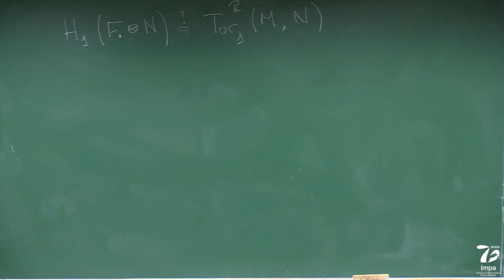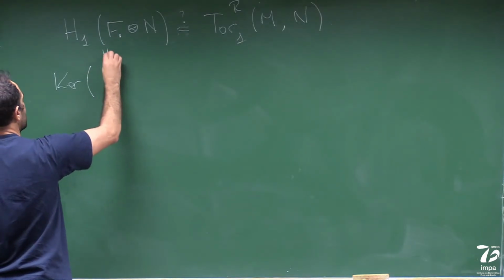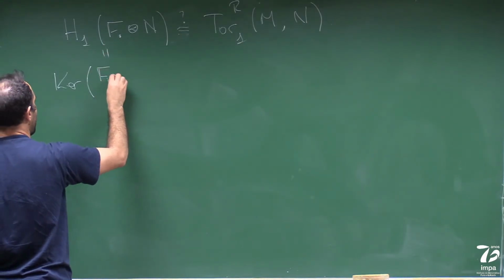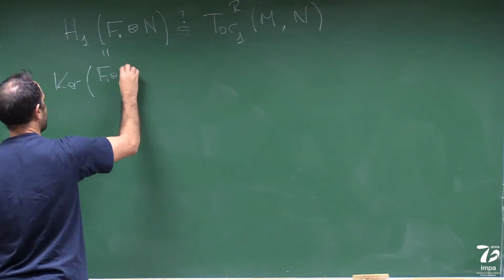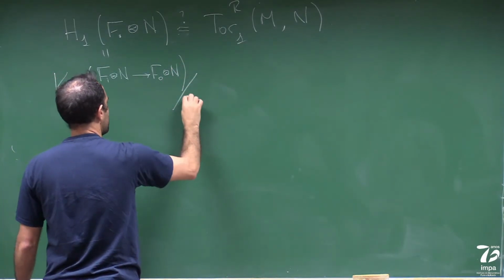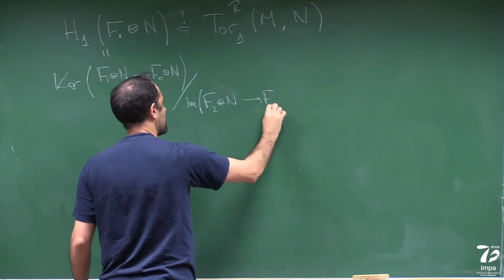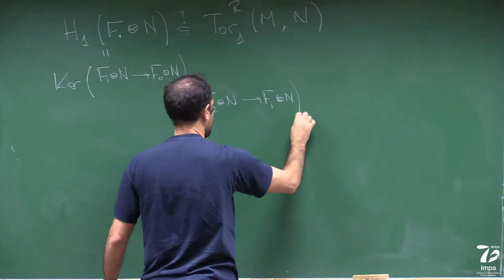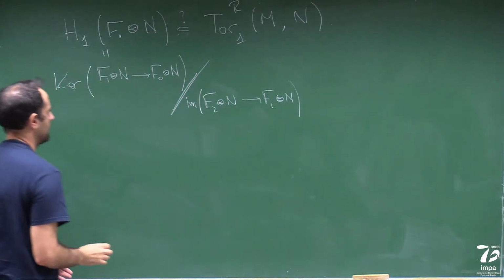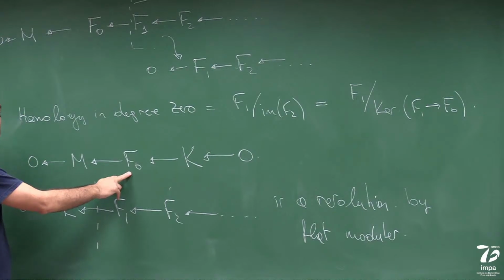And what I've done is to check that this is by definition the kernel of F1 tensor N to F0 tensor N, modulo the image from F2 tensor N to F1 tensor N. Okay, and now I want to exploit the fact that I have this sequence and this guy is flat.